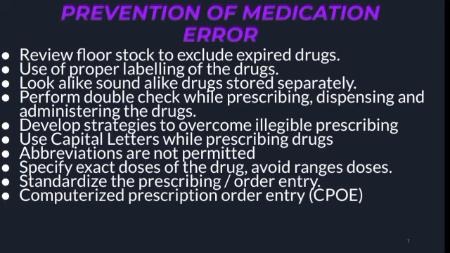Don't mention doses in ranges. For pantoprazole 20 mg, 20 mg must be mentioned. Do not mention 20 to 40 mg like that. Standardize the prescribing and order entry. The prescription must be in a standardized manner, so that errors will be prevented.